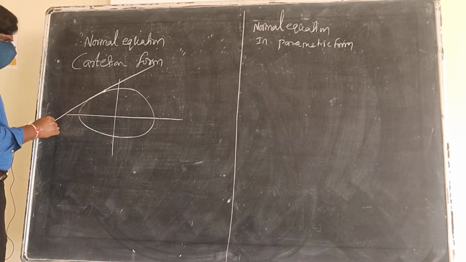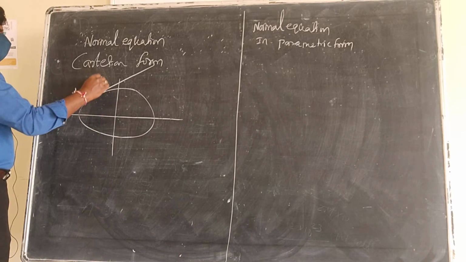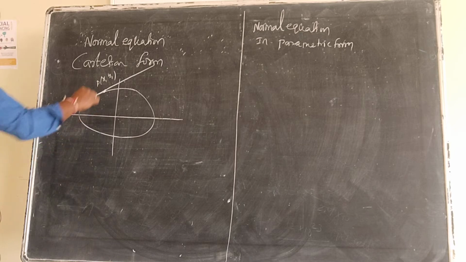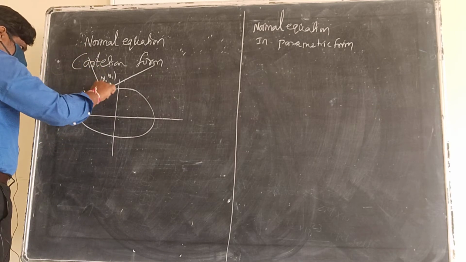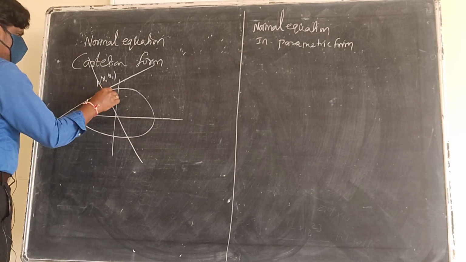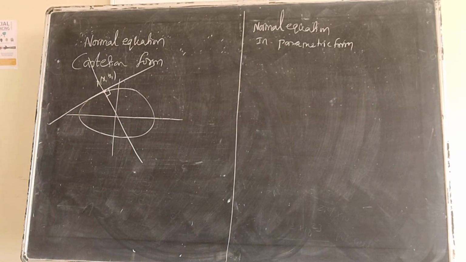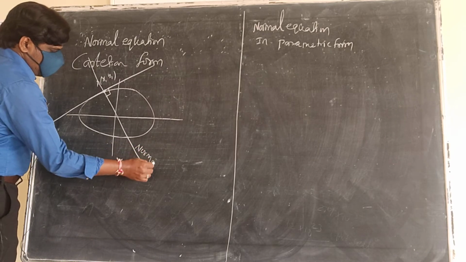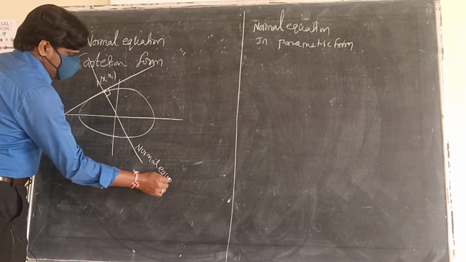At a particular point P(x1, y1) you have a tangent. The line which is perpendicular to the tangent and passes through this point of contact is called the normal equation of the ellipse.